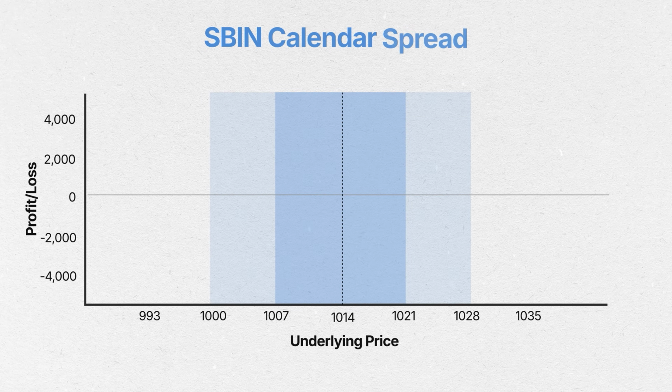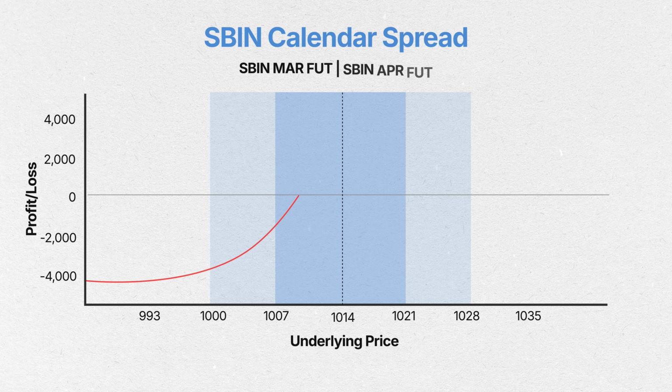Next, we have calendar spreads, which are possible in both futures and options. The core logic again remains the same here. There is a fair price and we have a way of measuring the fair price, and when the individual asset prices deviate from that fair price, it leads to an arbitrage opportunity. A simple example of this would be a calendar spread between two expiries of the same underlying.